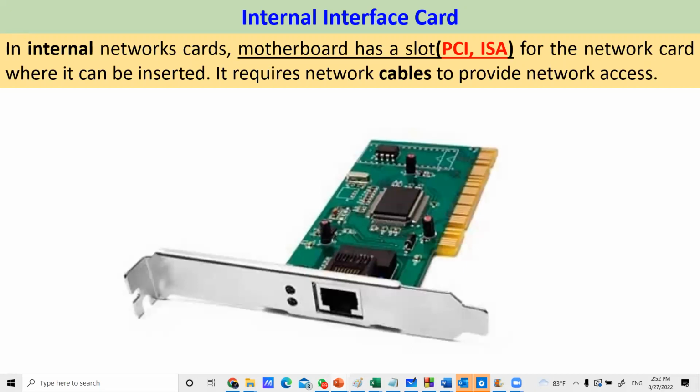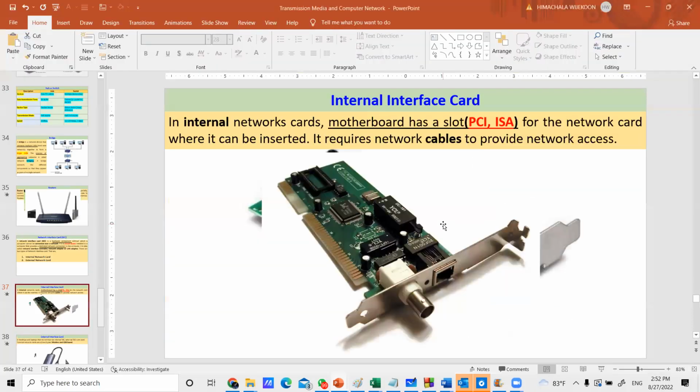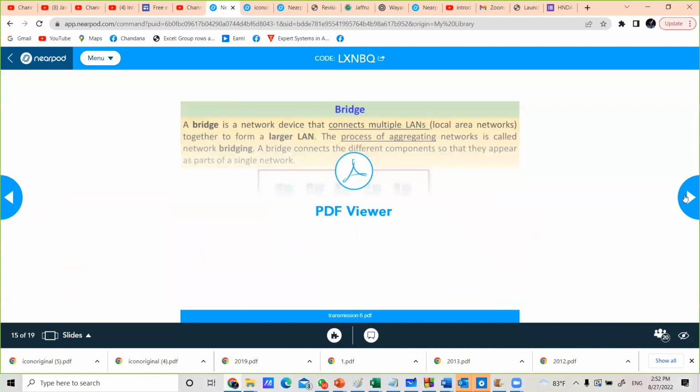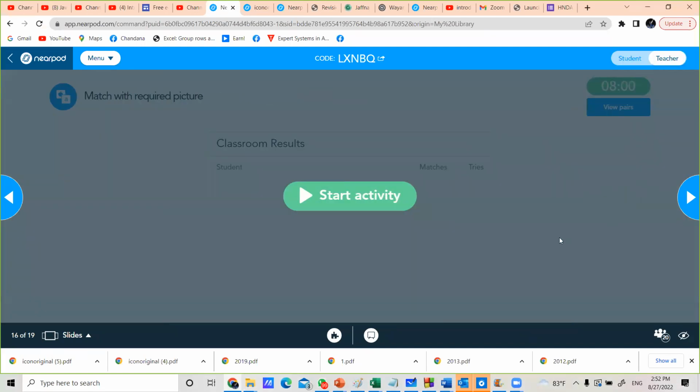Before moving to the next one, we want to do some activities. Therefore, move to the activity tool. Here you want to get pairs.